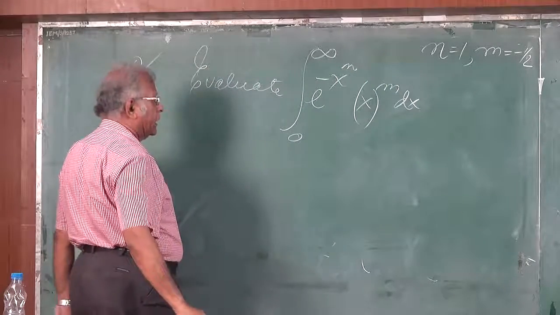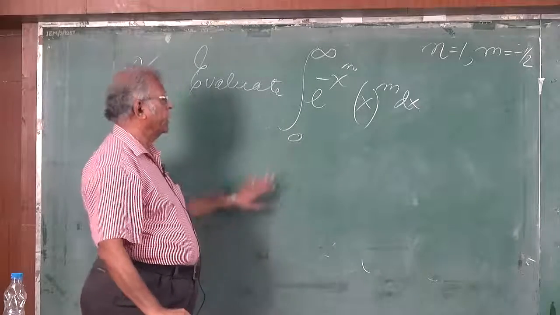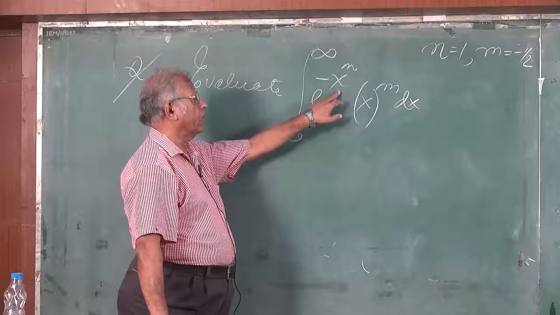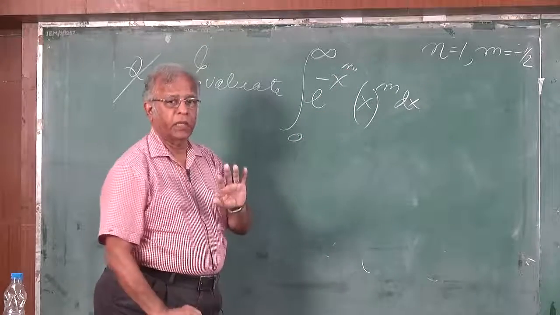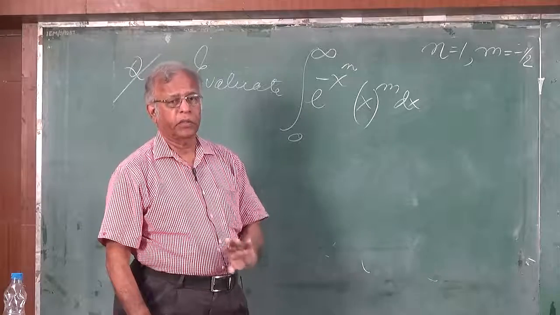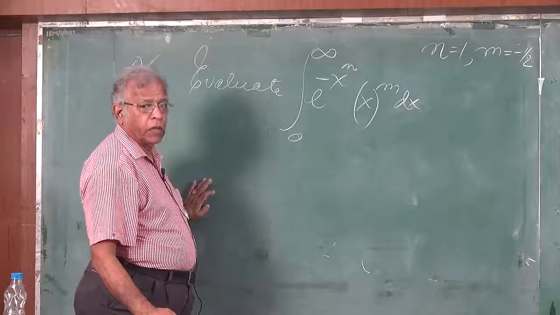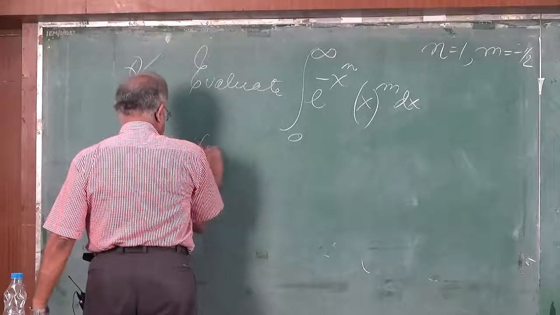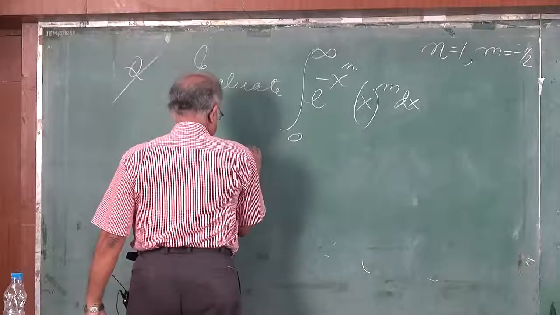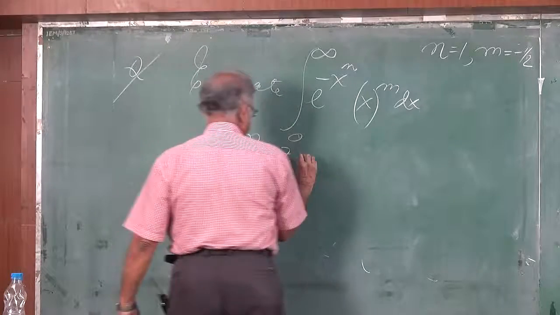Now, to get it into a gamma function form, we will get this x to the power of n term as a linear quantity. That means we will take a substitution, which is an obvious suggestion from the question, that we take x to the power of n as z.